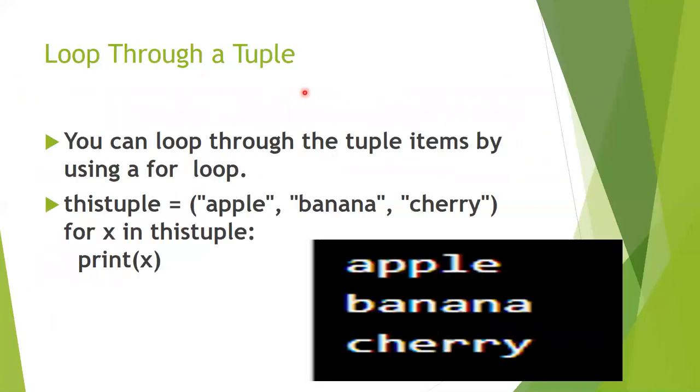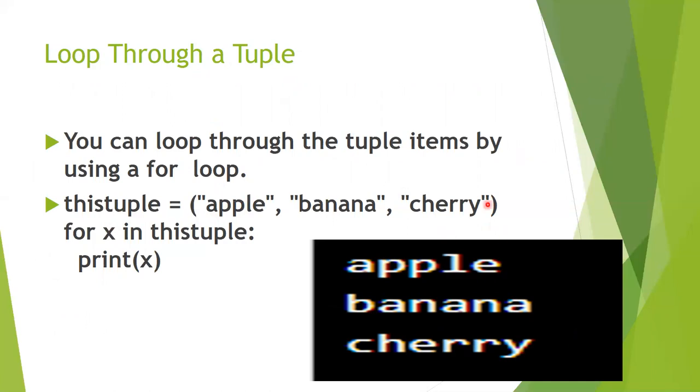Now, loop through a tuple. Looping through a tuple means we can iterate through the items of a tuple. For example, we have a tuple named thistuple containing elements apple, banana and cherry. Now we want to print all these elements.